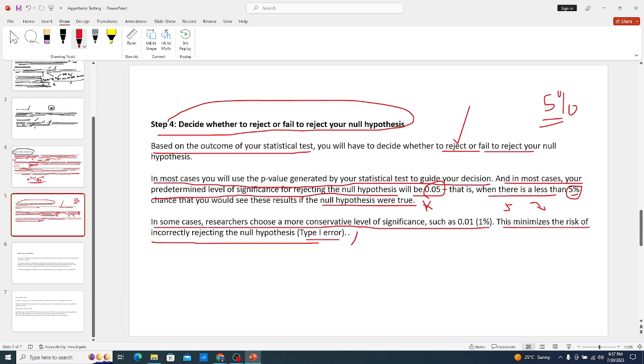We shall see also the two types of errors which we can commit when doing hypothesis testing. You might find yourself rejecting the null hypothesis, whereas you could have not rejected it.